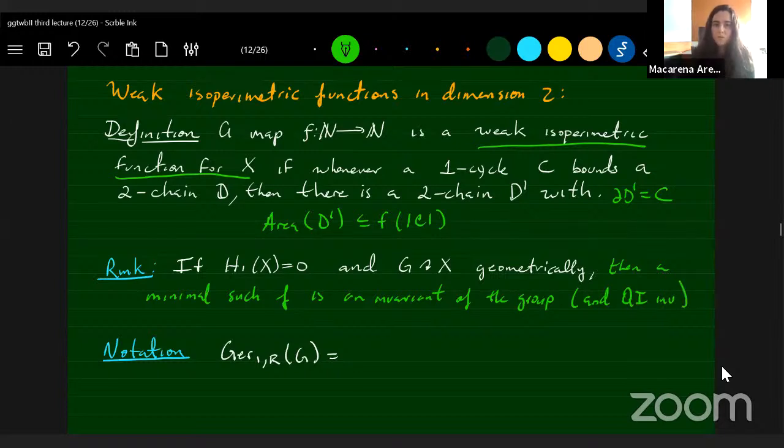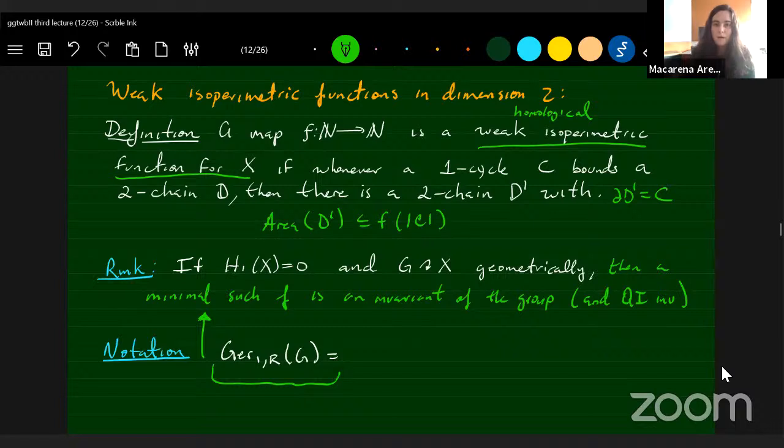So the notation I'm going to use is this to denote a minimal weak isoperimetric function. These are also sometimes called homological isoperimetric functions. The GER stands for Gersten because he is the first person who discussed these functions. This is not standard notation, but the standard notation is very confusing. So this is the notation I'm going to be using for the talk.